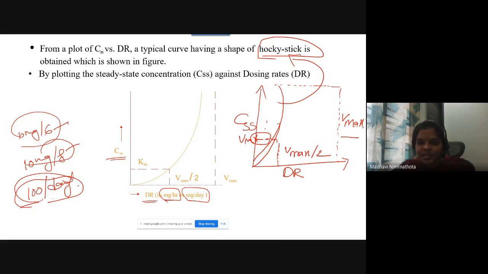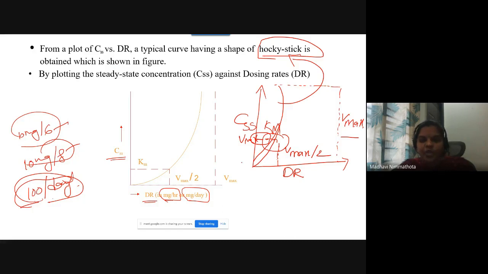And here this is a constant at the steady state. That is nothing but Km. Km is the Michaelis-Menten constant. So when we are plotting the relationship between the dosing rates and steady state plasma drug concentration, we will get the shape of a hockey stick, which will be shown in this figure.